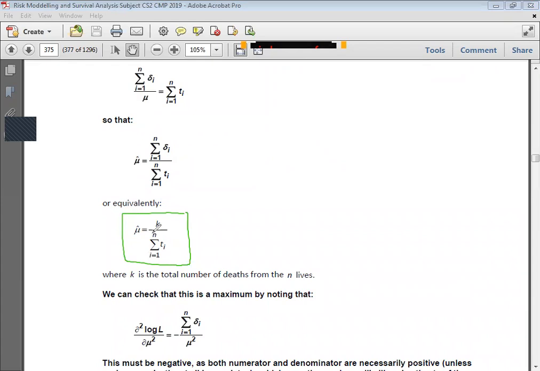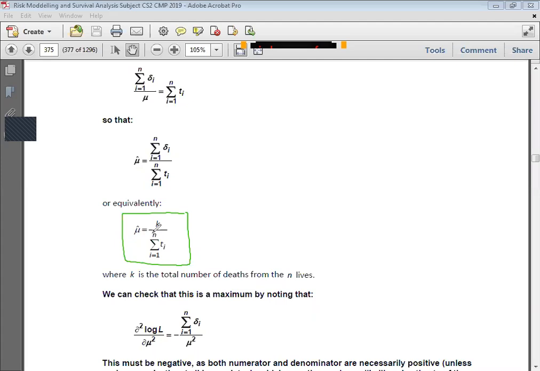And t_i is the total risk, the total time these rats were exposed to being dead, if risk sounds a bit abstract. So that is all you will have for the estimate of the mortality rate in the parametric case.